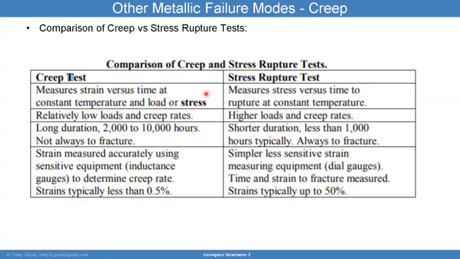The strain in the creep test is measured accurately using sensitive equipment, and the strains are typically less than 0.5%. In the stress rupture test, you're going to have strains typically up to 50%.